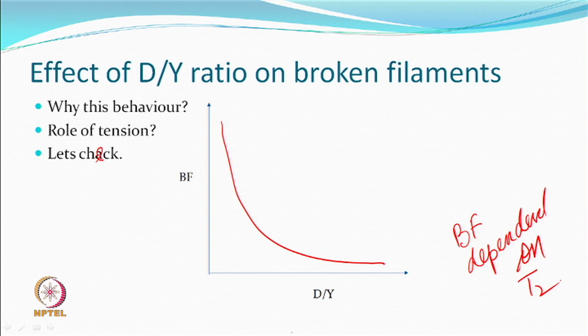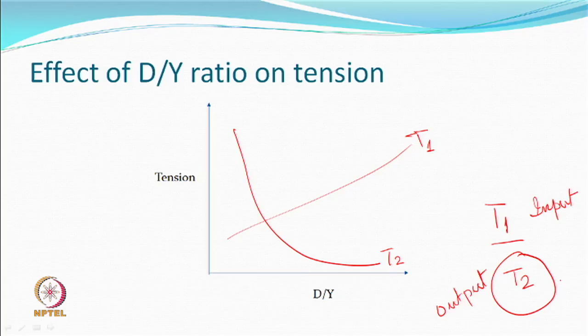Like, for example, when the d by y ratio is less, T2 is high, the filament is individual and gets a rough end, slippage occurs or something, it just breaks. But as you are increasing the d by y ratio, more twisting is taking place, therefore more untwisting is taking place, output tension is reducing, therefore broken filaments reduce. Good for us.